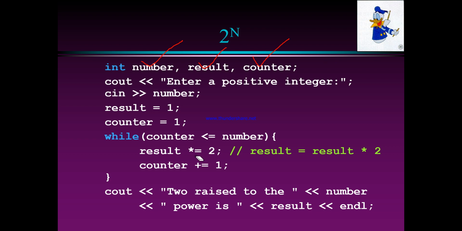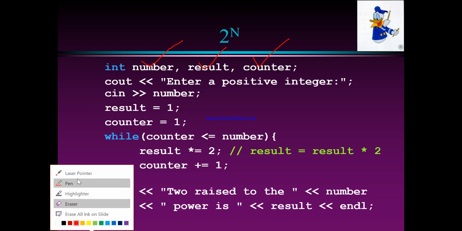So for how many times should we multiply 2? Each time we multiply the result with 2, and we will update the counter so that we may control our loop as per the requirement, which is the power.